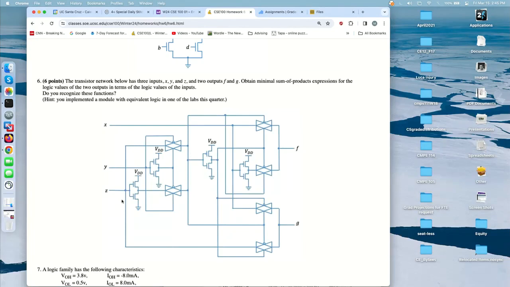Here's X, Y, Z. So you have a value now for this wire, or name it E or something, and then look at what you get from here. Once you get a Boolean expression, you could simplify it, right? Once you simplify it, it should be obvious what it is. It's something you know. I won't say you like it, but it's something you know.